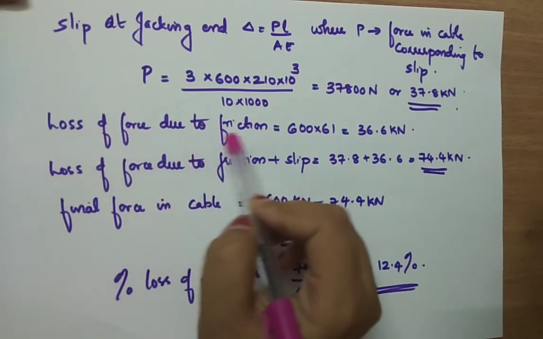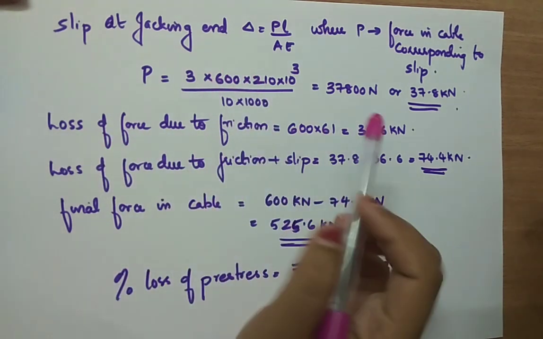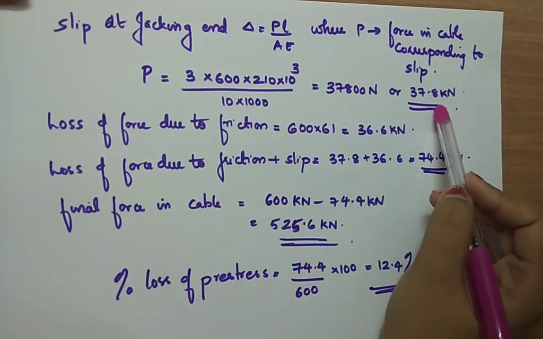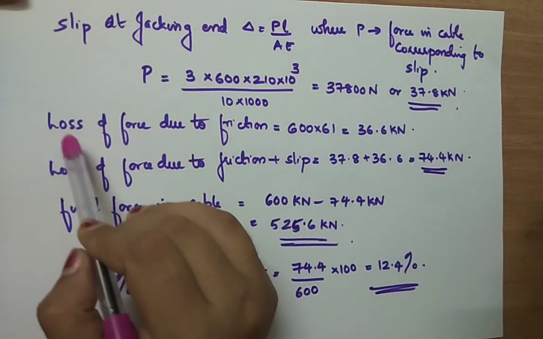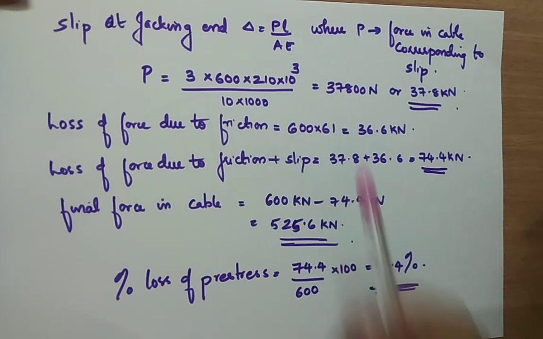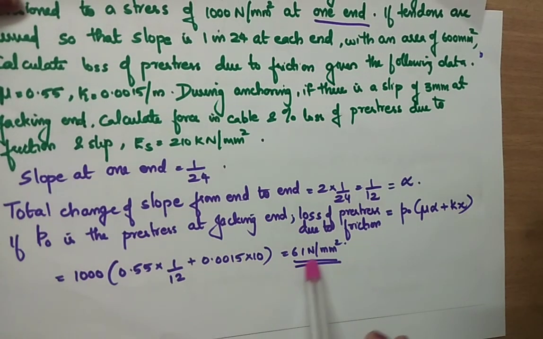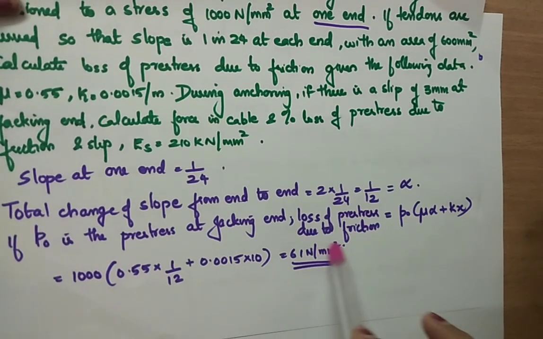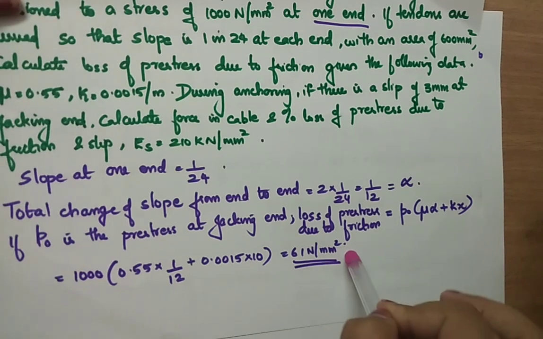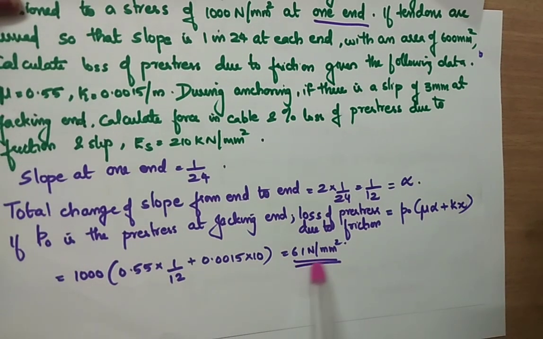Now the loss of force due to slip is 37.8 kilonewton. So the loss of force due to friction will be loss of pre-stress due to friction into area, which gives the loss of force due to friction.